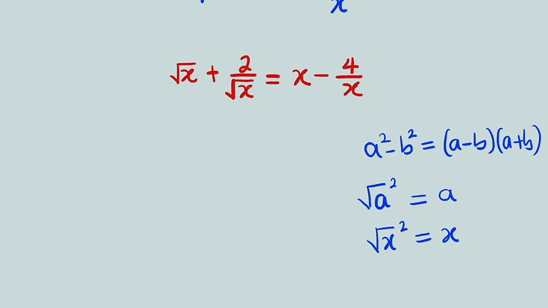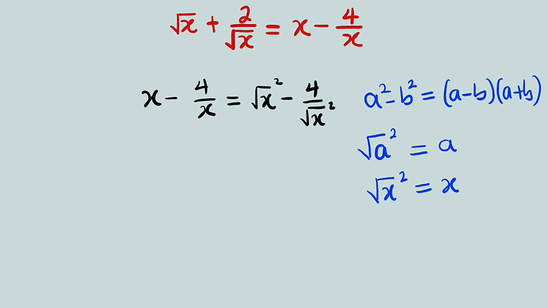So wherever we have x, I can replace it with square root of x squared. So let me take the right hand side of our equation and write it in terms of the square root of x squared. So instead of x minus 4 divided by x, I can now write it as the square root of x also squared minus 4 divided by the square root of x squared.